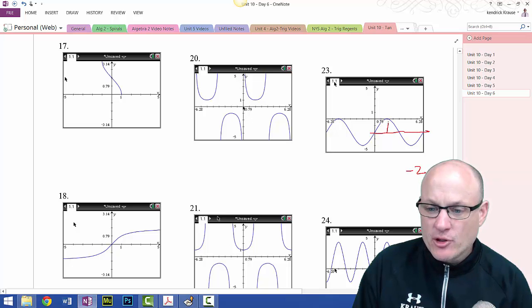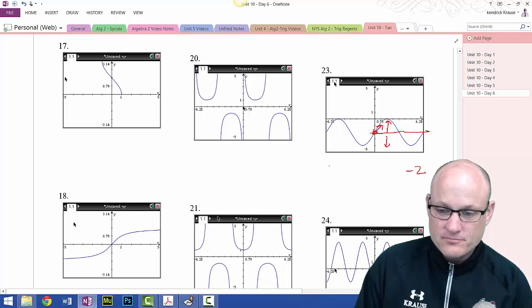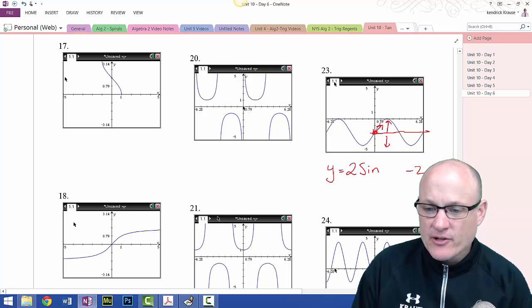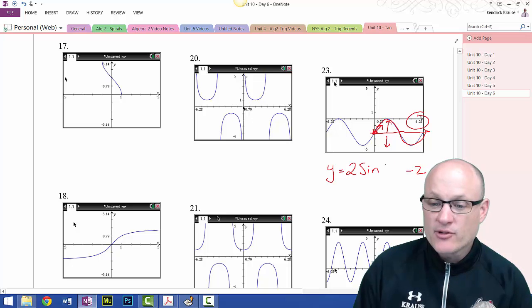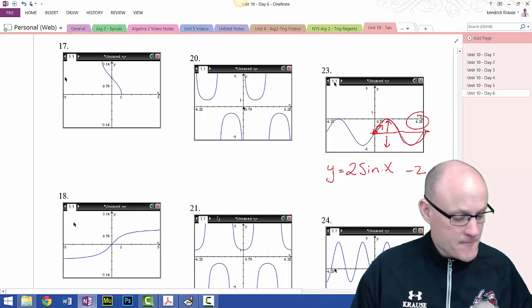My amplitude goes up 2 and down 2. And since it starts here and goes up first, I know it's +2 sine. And then it finishes one full curve, and that's 2 pi. So that means it's just x. So 2 sine x - 2.